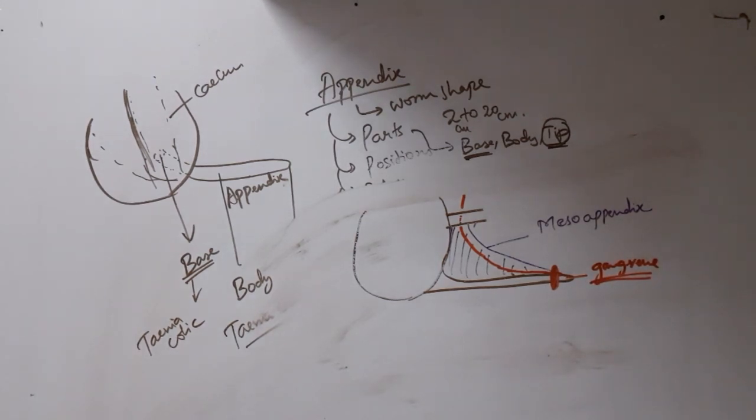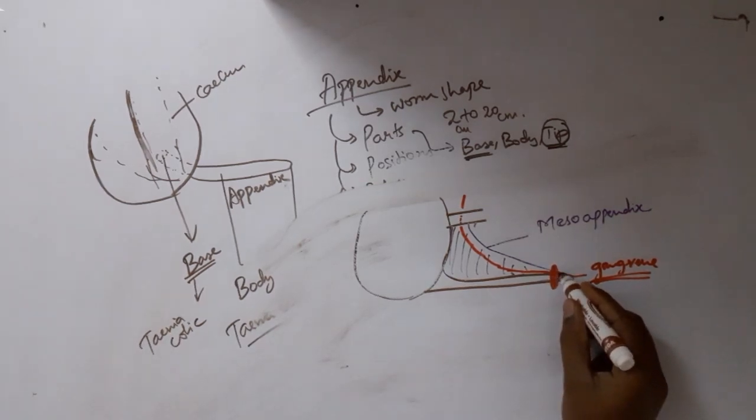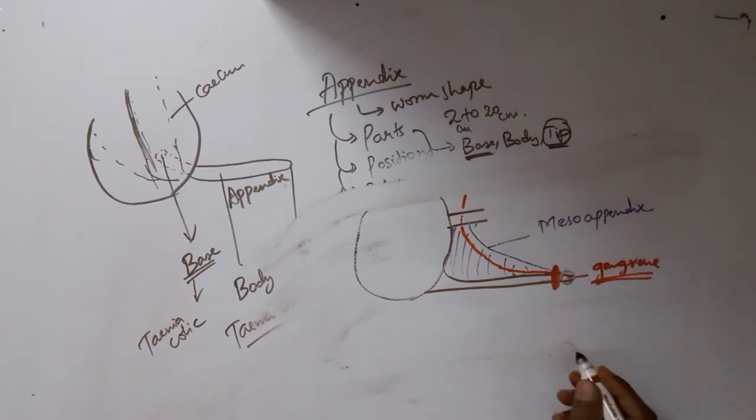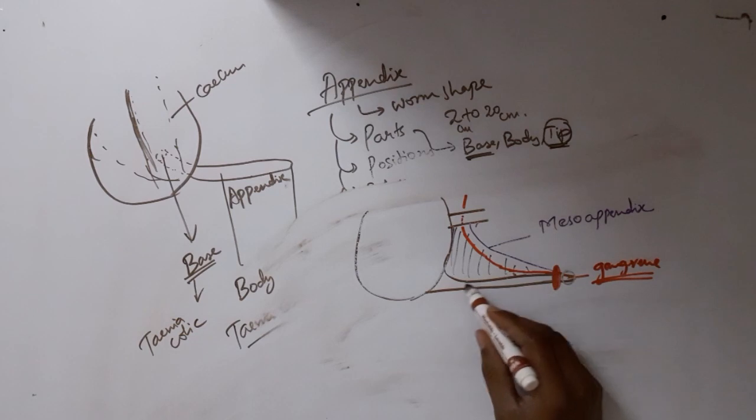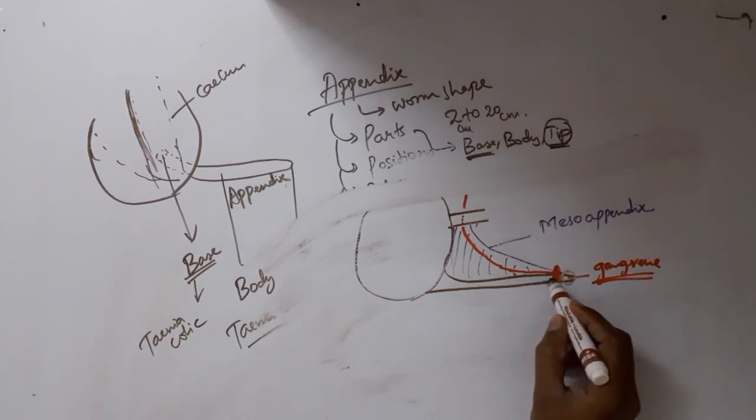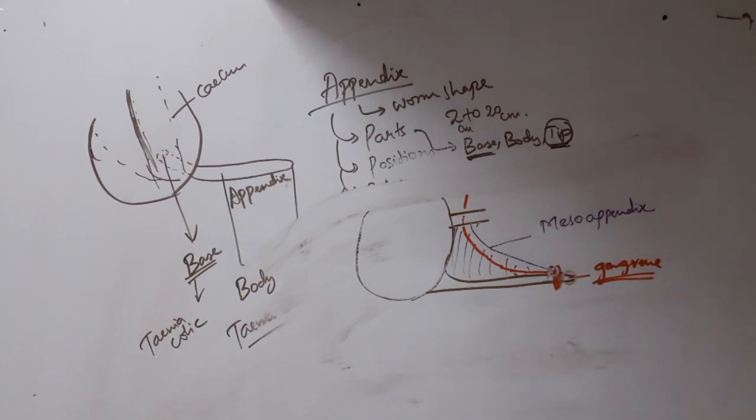Gangrene happens when there is obstruction of blood supply to any part of an organ. Here, because of the perforation affecting the artery, we have thrombosis of the artery.